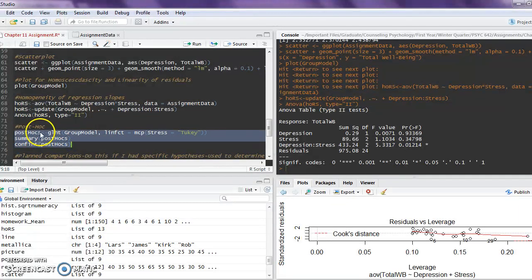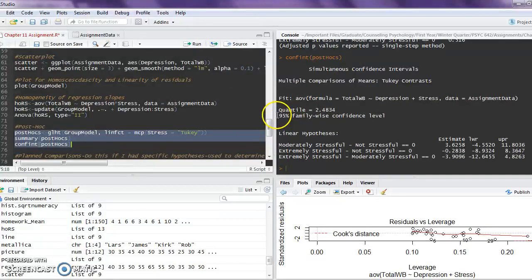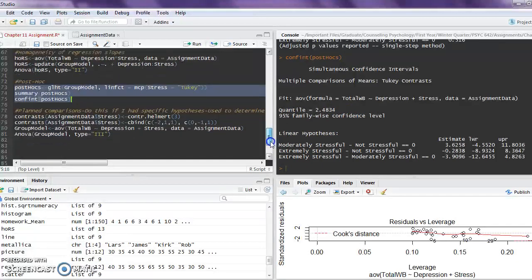So now for post hoc. This command runs the post hoc test. The specific test that we're going to run is Tukey, since our group variances are the same, and so is our data normally distributed. Plus, we're also running this because I did not have a specific hypothesis that I wanted to test.